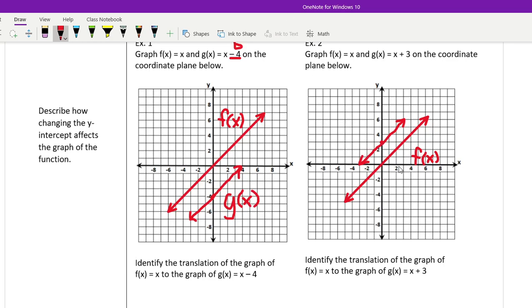So on this graph, we took our line and we shifted it up a total of 3 units. We want to make sure that we label this as well, as g of x.